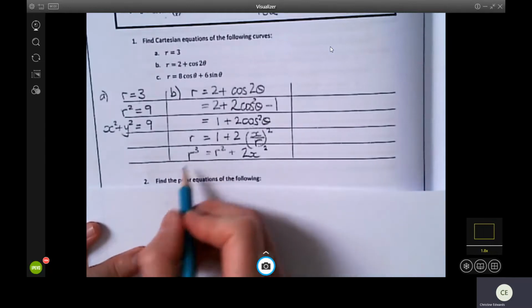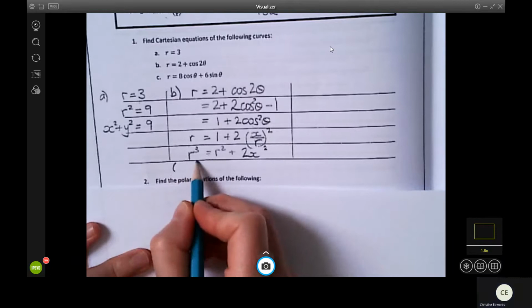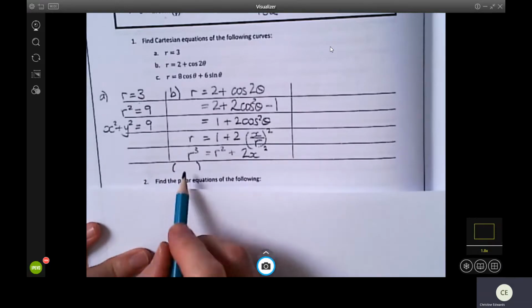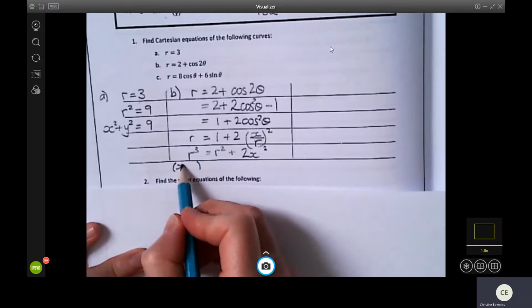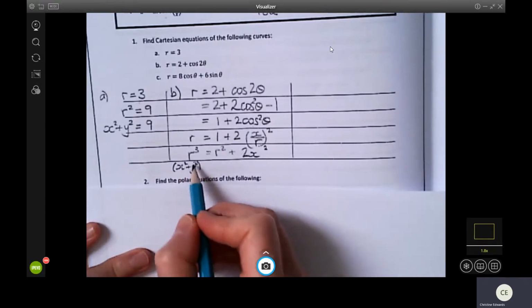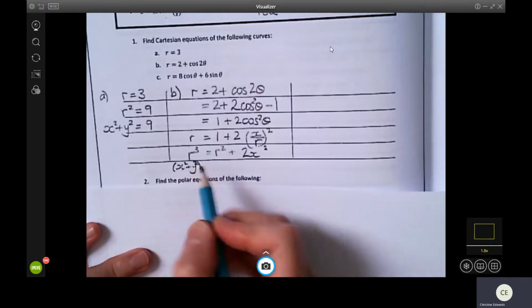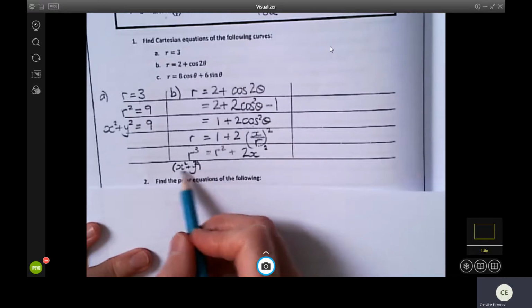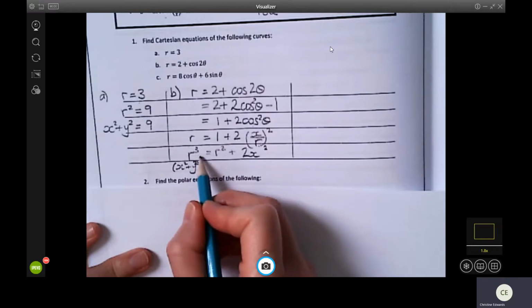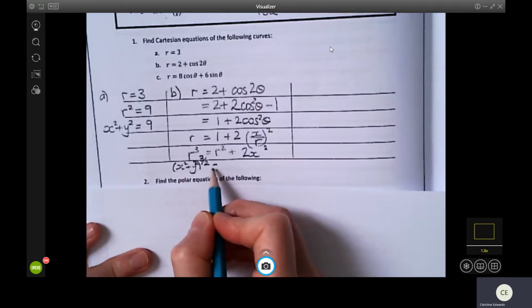Now r cubed, I'm going to be using the r squared equals x squared plus y squared equation. So I need x squared plus y squared. Now I want r cubed. So I know that that's r squared, so I need to square root that, and then I need to cube it. So that's going to give me a 3/2 as my power.